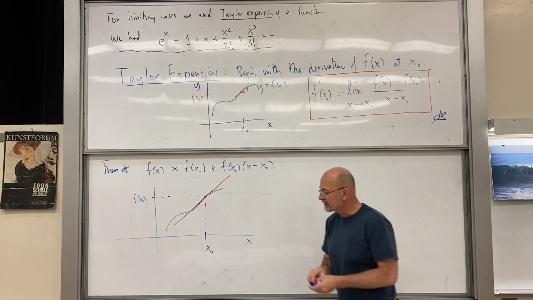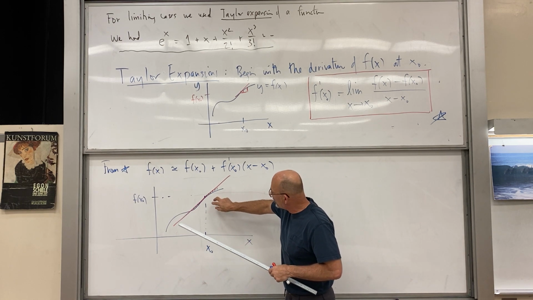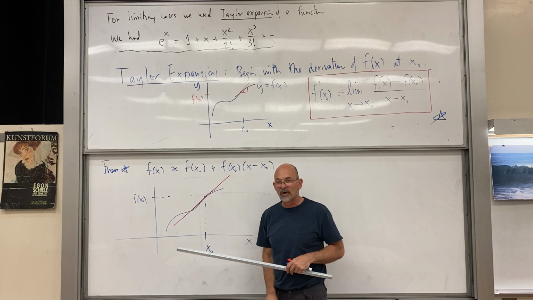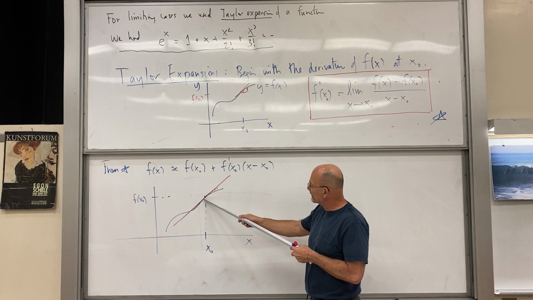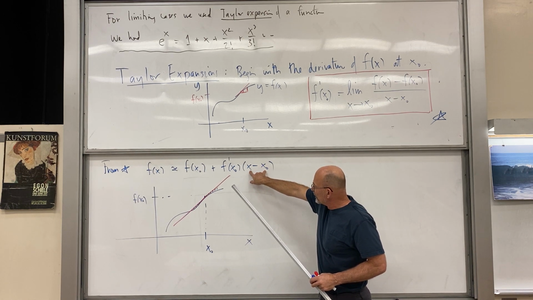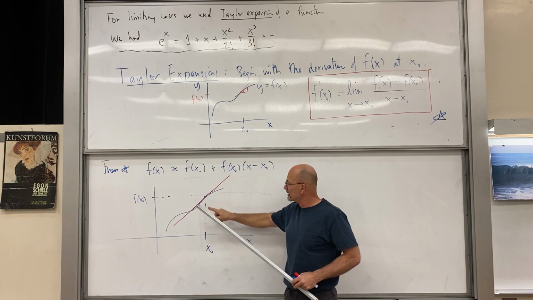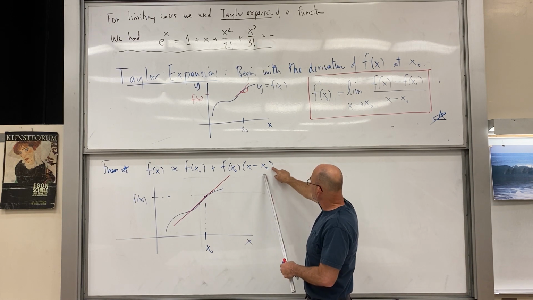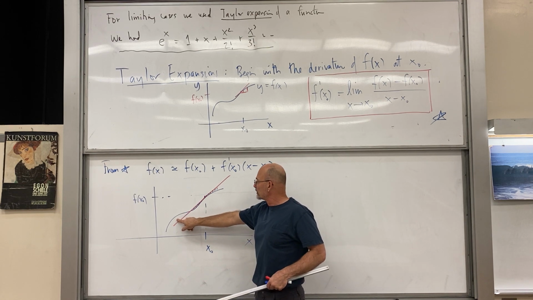You can see the difference between the function and the straight line gets ever smaller the closer you get to x0. Okay? So at x0, of course, you have the function itself. If you keep x minus x0 sufficiently small, you have an excellent approximation to the function. On the other hand, if you let x minus x0 get too large, you're down here and you're no longer approximating it very well.